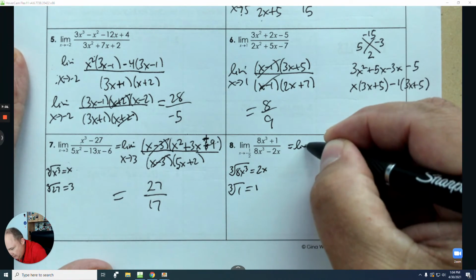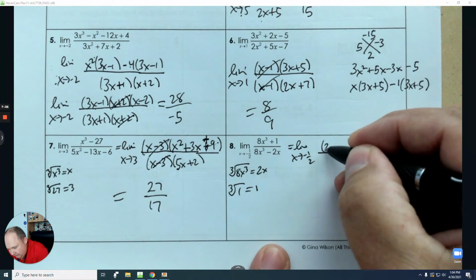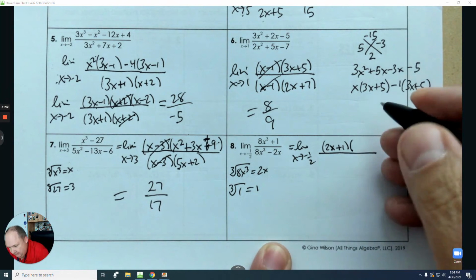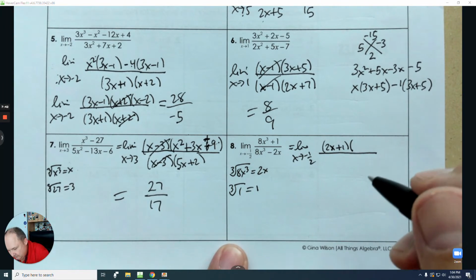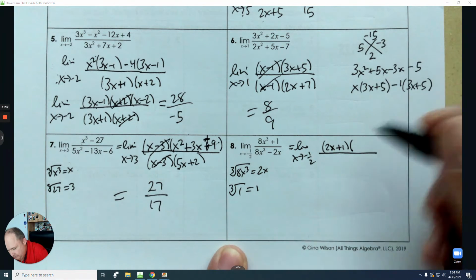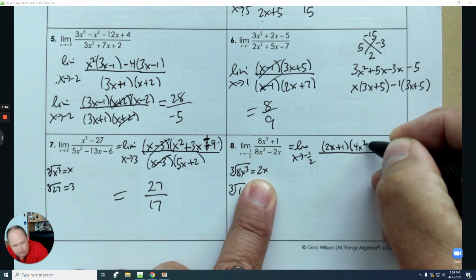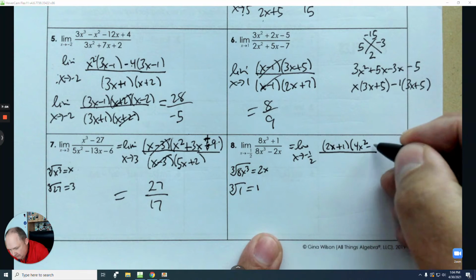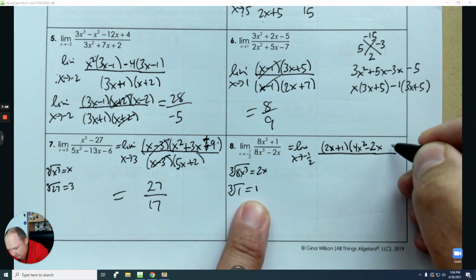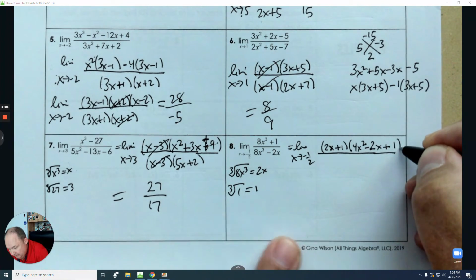So in the numerator, I have, starts with 2x plus 1, and then it'll be 4x squared minus 2x times 1, which is 2x, and then plus 1 squared, which is 1.